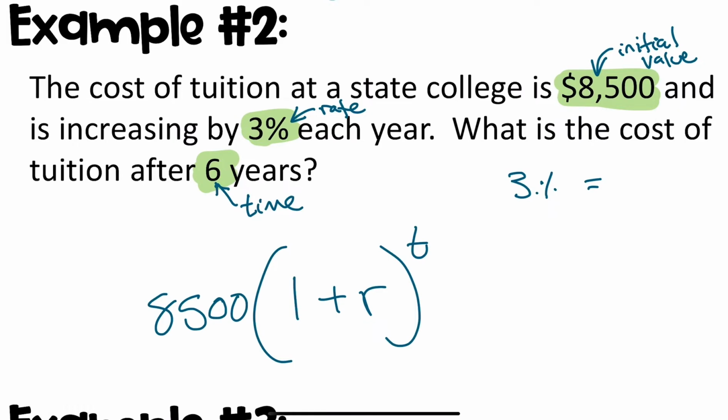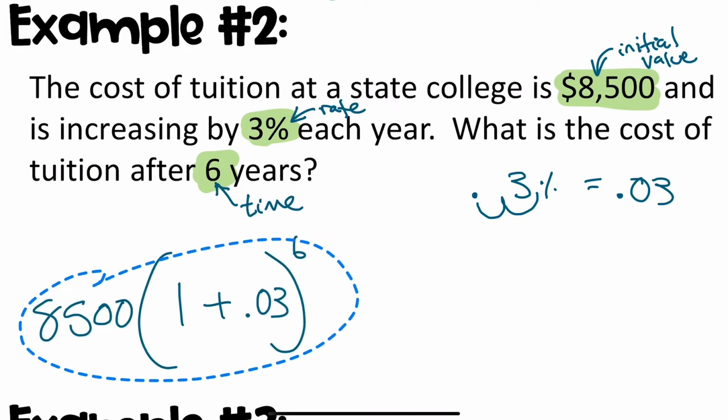So I'm going to go from the back, and I'm going to move 1, 2 spaces. So I got point. There's no number here, so I'm going to put in a 0, 3. So our rate is going to be 0.03. And then T will be our time. We said time was 6 years, so we're going to put in a 6.